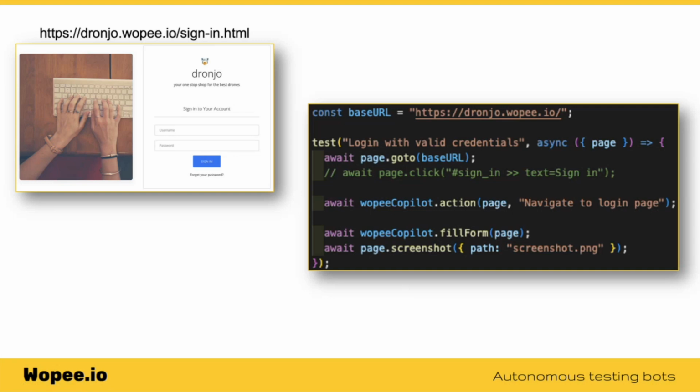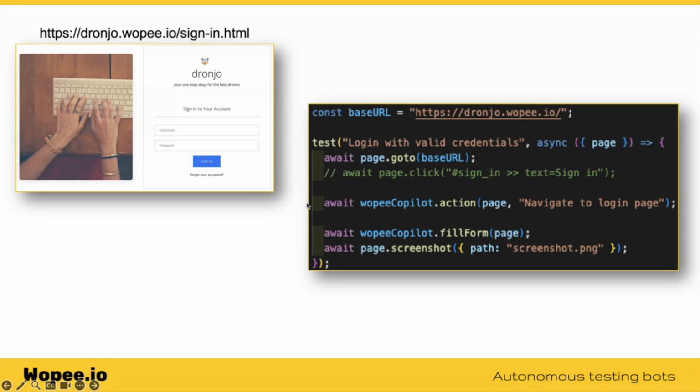So imagine that you would like to navigate to some login page. Instead of writing click on ID sign in and then on text sign in, you could just say in simple English, navigate to login page. And same for filling forms.